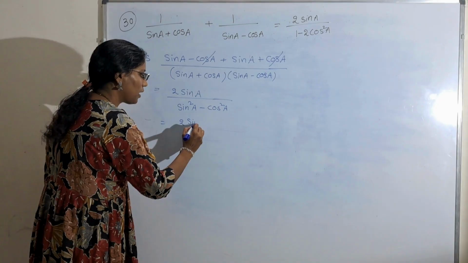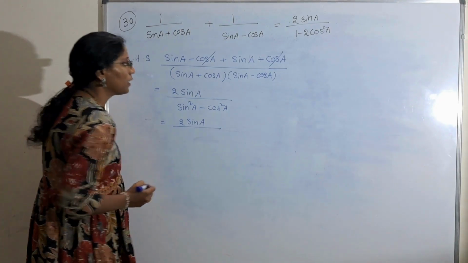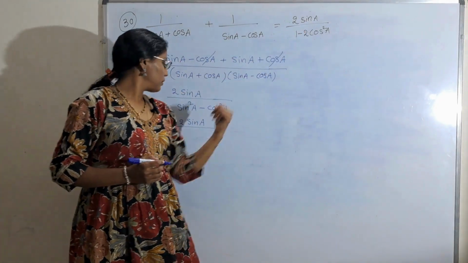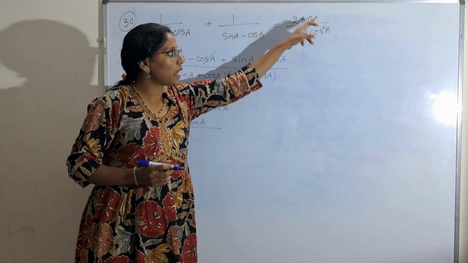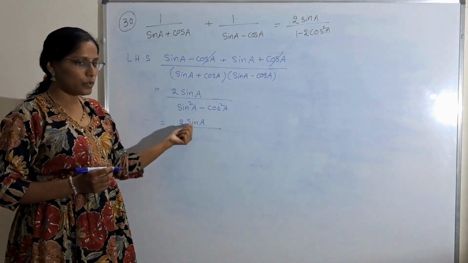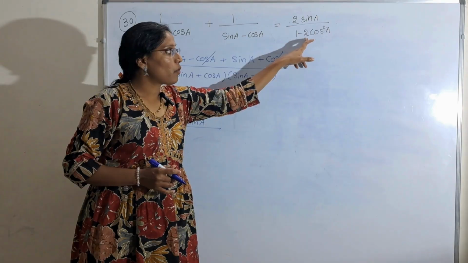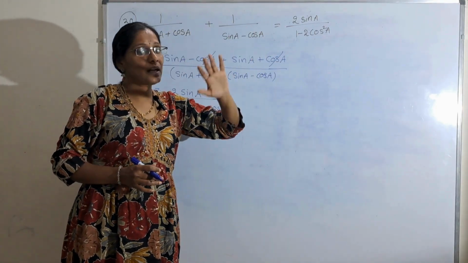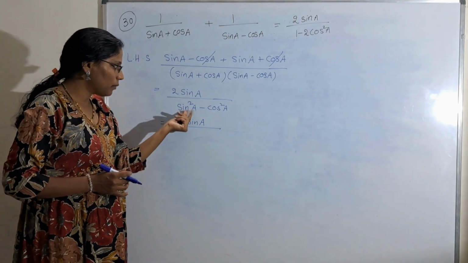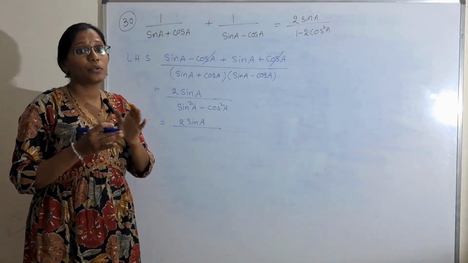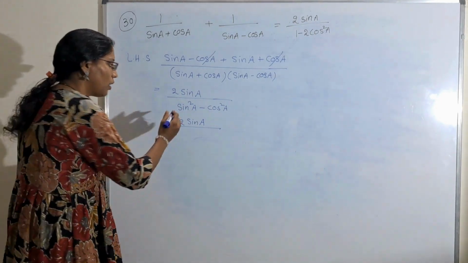2 sin A by... here you should observe the RHS: 2 sin A by, the numerator 2 sin A as it is. Denominator: 1 minus 2 cos square A. Only the cos term we have. So in the denominator the sin square value we have to change in terms of cos.